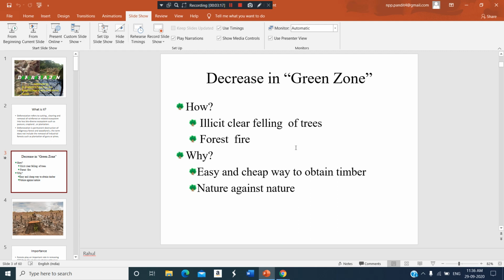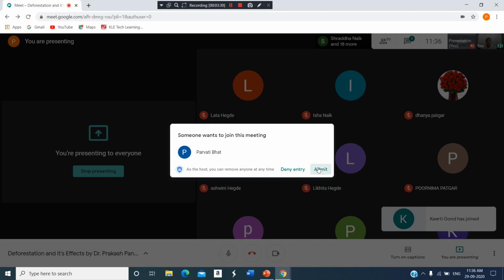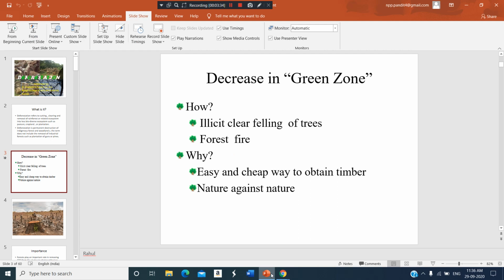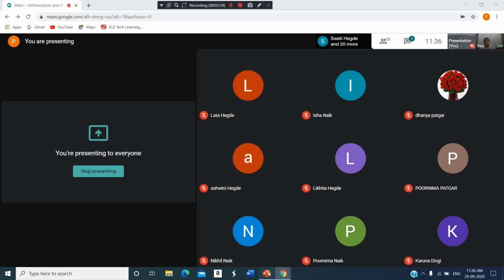But more importantly, the illicit clear felling of trees to convert the forest land for various purposes or to extract timber is the main cause of our deforestation or disforestation.